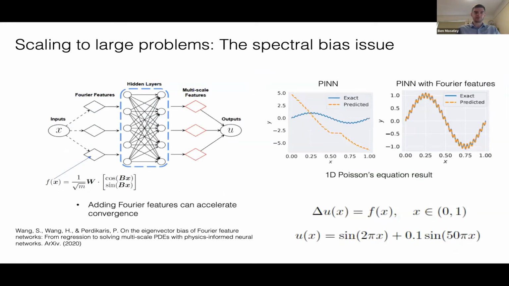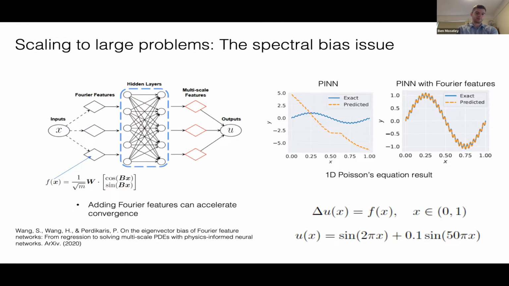And there's definitely been research in the community looking at this for PINNs specifically. Wang, for example, showed that PINNs also suffer from the spectral bias, and they proposed a way to try and alleviate this by using Fourier features.